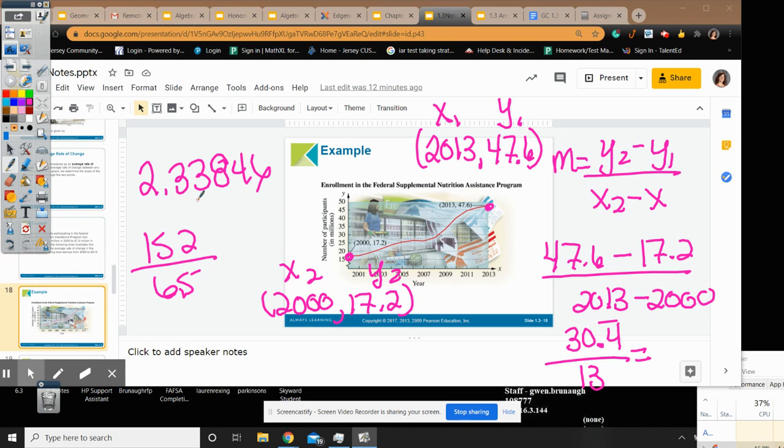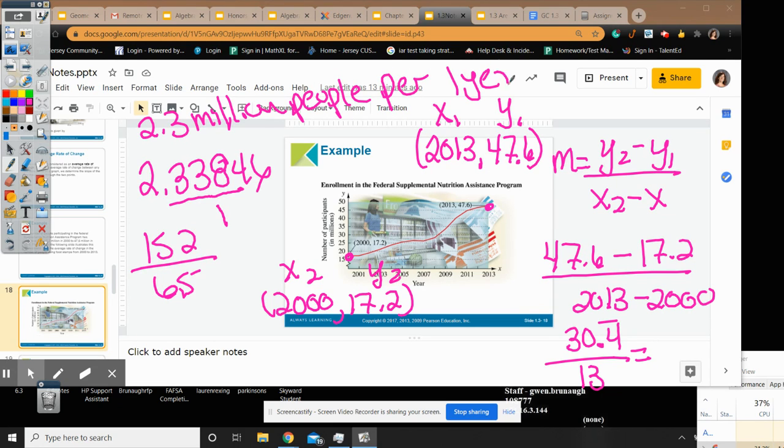Now, which one of these am I going to use? One's not more right than the other. But if you look at what you were talking about for your y's over your x's, the y's was the number of participants, and this is a year. So if I use this decimal and I put over 1, and this is in millions, you can see that the rate of change is about 2.3 million people per 1 year.